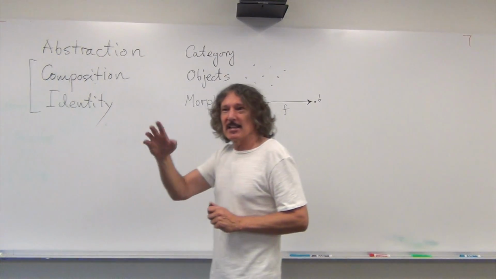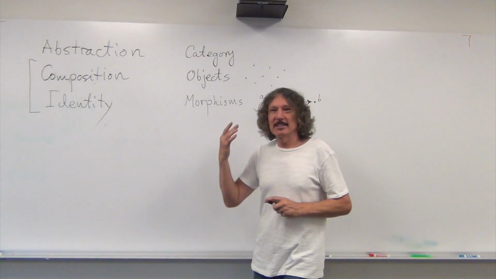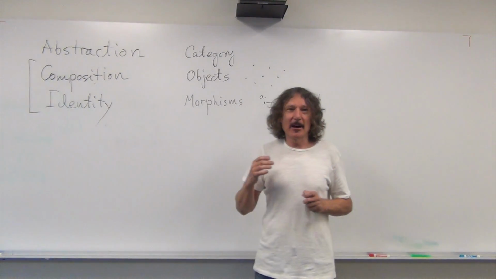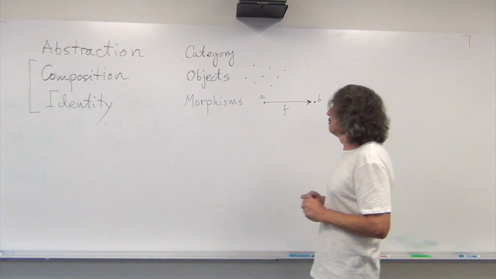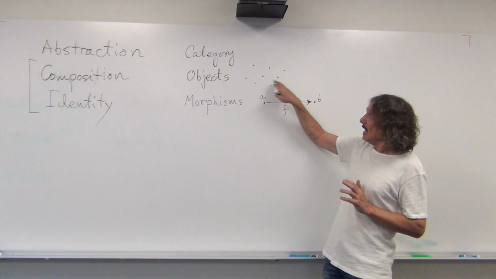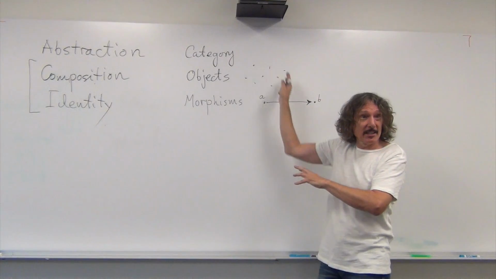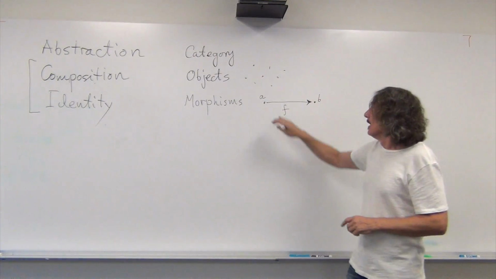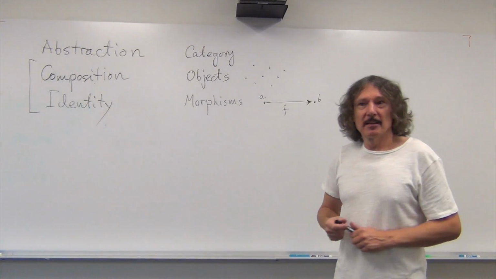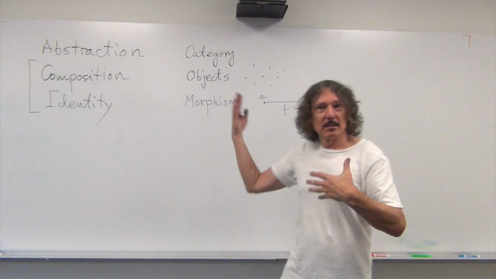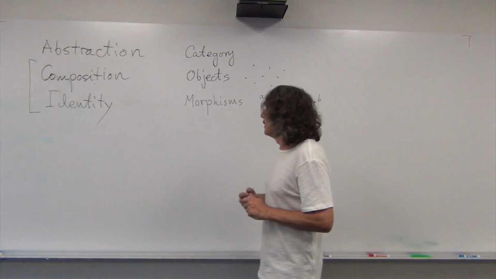So we'll be using this language all the time, and I want you to realize what kind of language we are using and how it actually constrains us. But anyway, we have objects, and objects we draw in some kind of spatial relationship usually, because we are using the spatial part of our brain. We have morphisms, which are arrows, so they suggest some kind of movement and relationship between people.